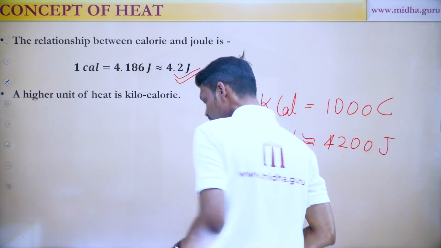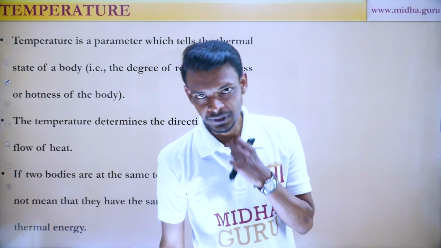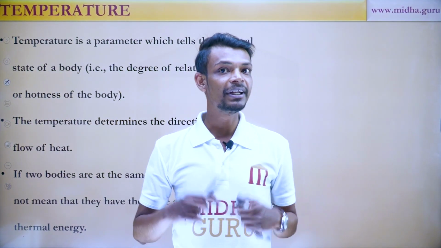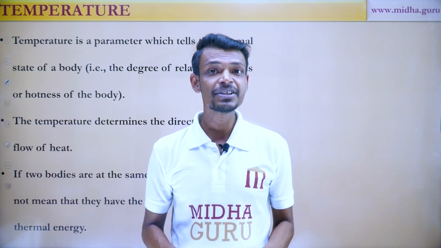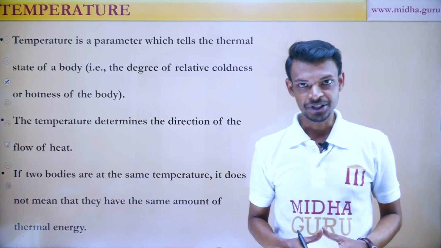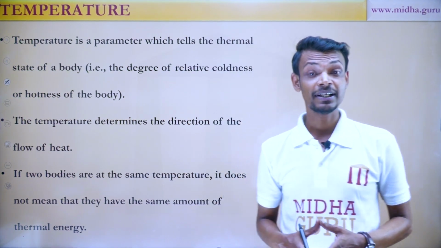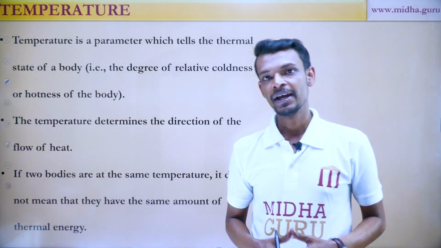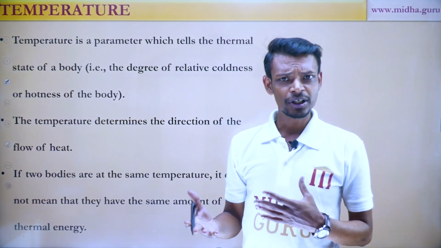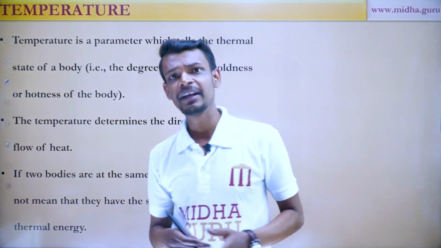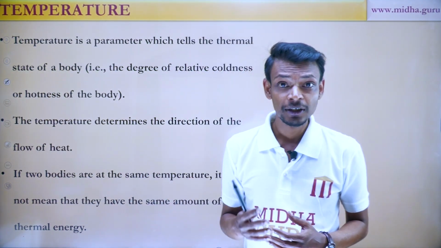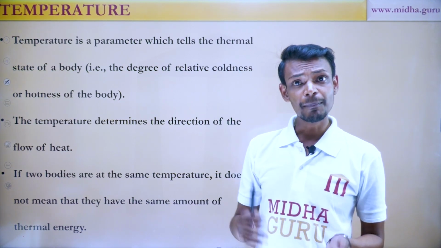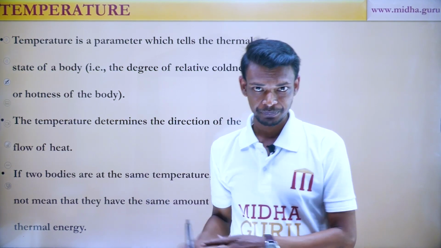Right? Now, temperature. Another important thing that we need to understand in calorimetry is temperature. Temperature is a parameter that tells us the amount of thermal energy present in any body. In more general terms, it tells us whether an object is relatively hot or relatively cold compared to another body.